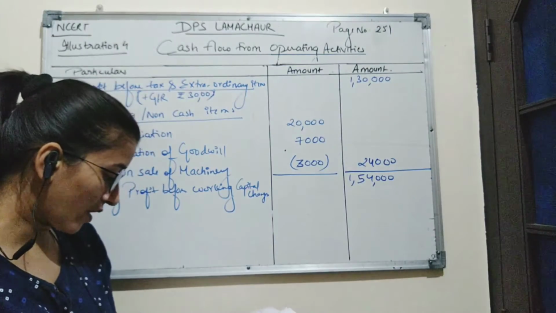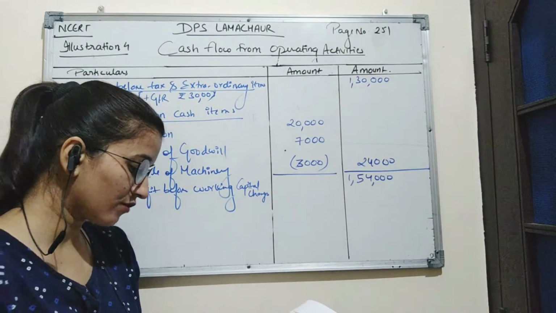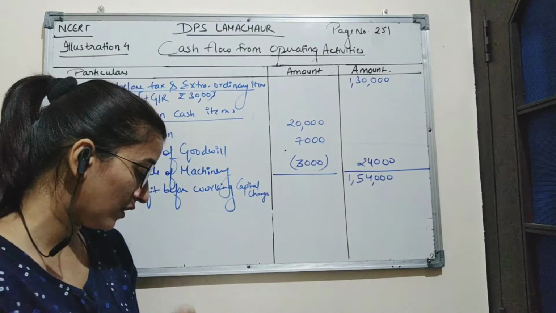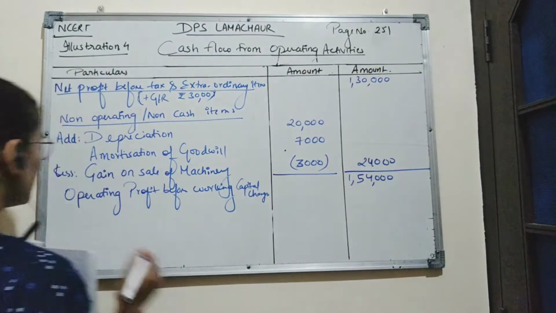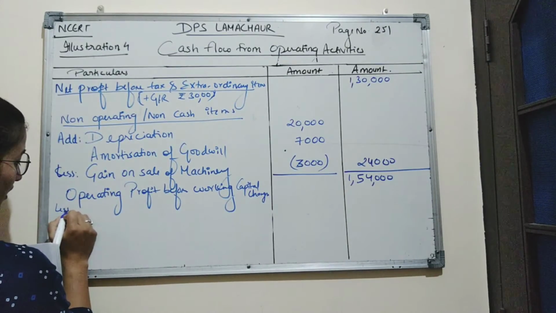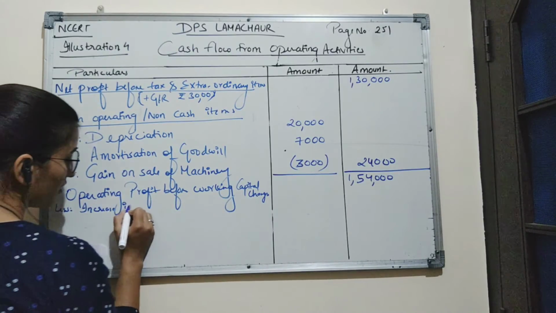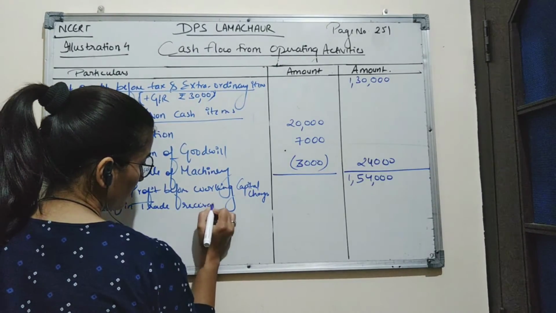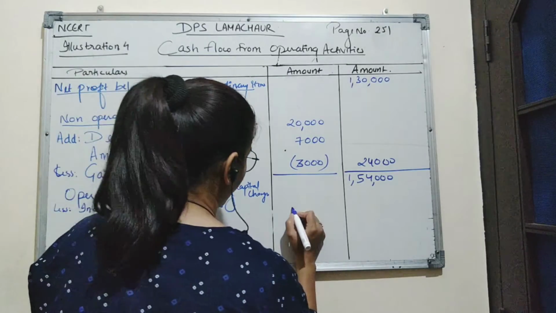Now, next point in the question is that trade receivables showed an increase of rupees 3,000. So trade receivables is a current asset, and we know increase in current asset is always deducted. So we will subtract increase in trade receivables. Amount is rupees 3,000.